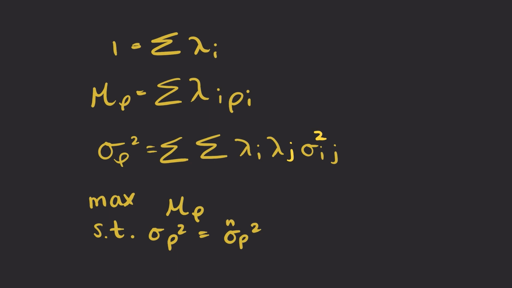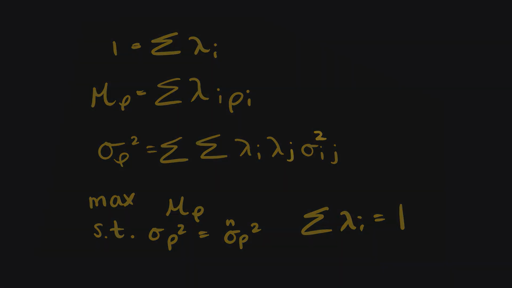So I'm fixing the amount of risk I'm willing to take on and maximizing the return I can get. And I also have another condition, which is that all the portfolio weights have to add up to 1. So I'm maximizing mu subject to sigma equal to sigma hat, and the additional condition that all the lambdas add up to 1.